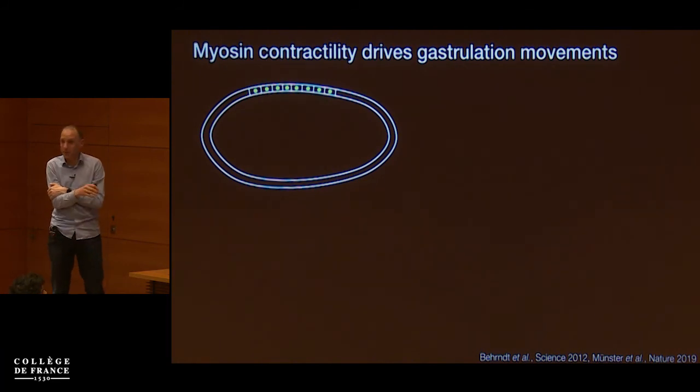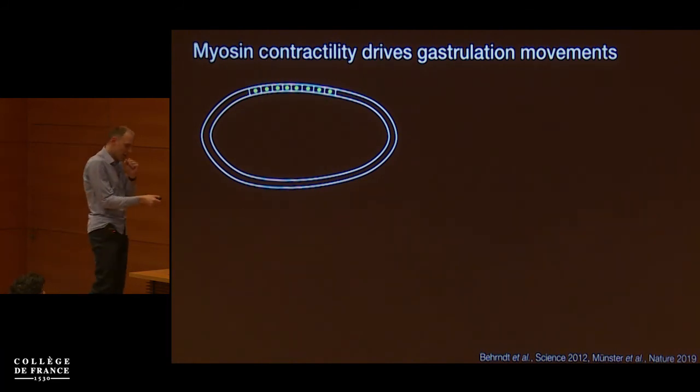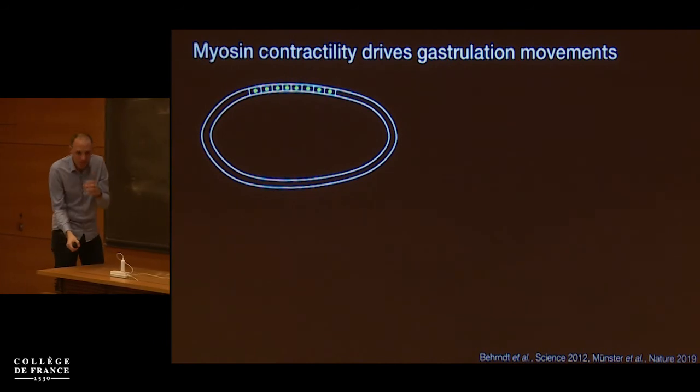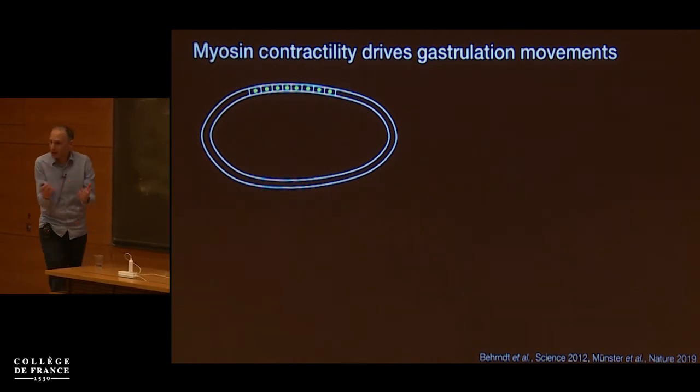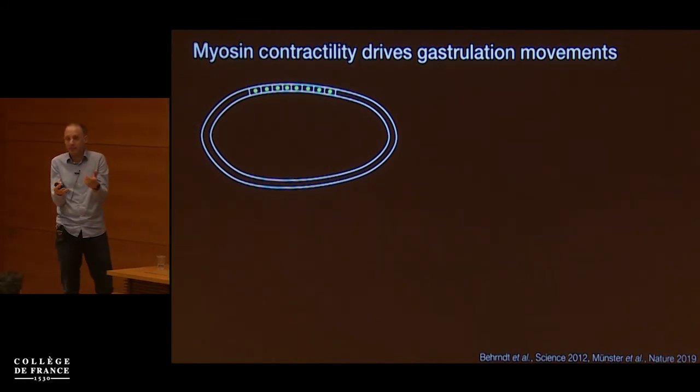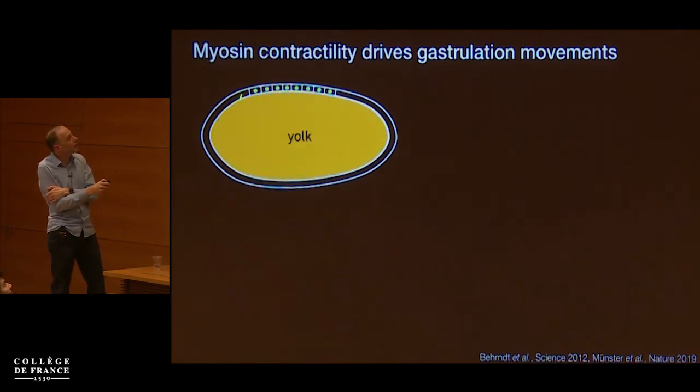All these cells have an apical surface with lots of myosin. Each of these cells wants to contract, generates a contractile stress, and then some cells contract more than others, generate an increased amount of contractile stress, and that'll drive flows. Okay? So this is not a syncytium.